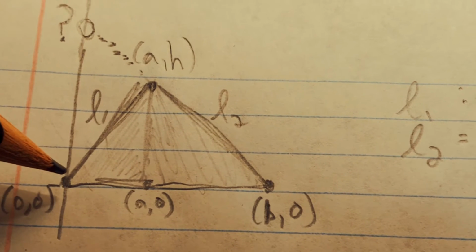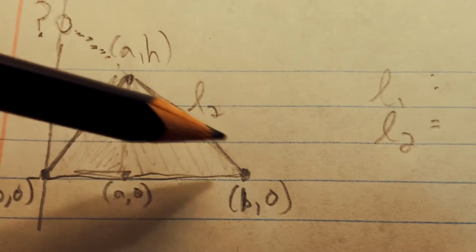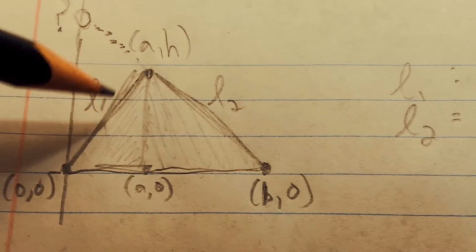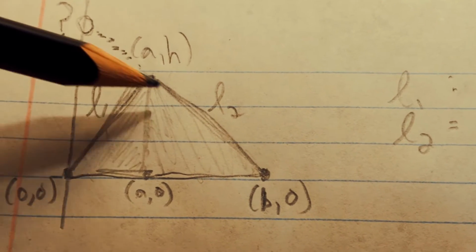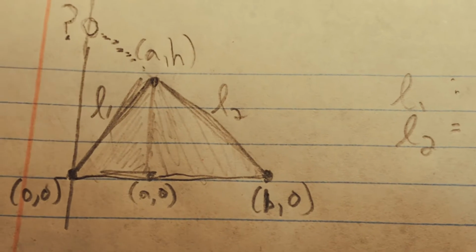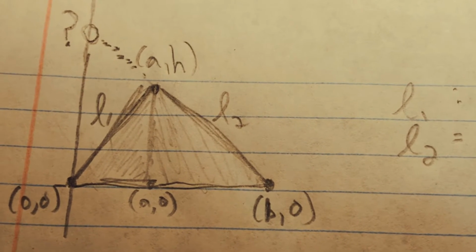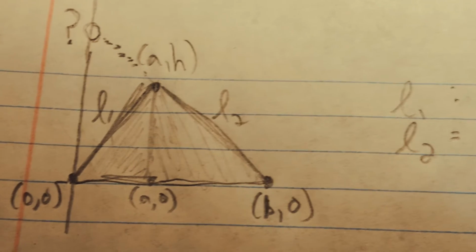I'm going to divide this triangle into two pieces defined by these two sides. This side is a segment from line 1. This side is a segment from line 2. I need to find the equation of both lines.